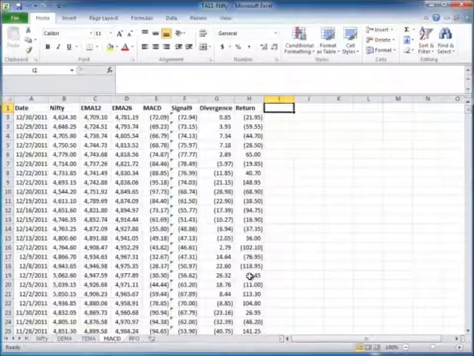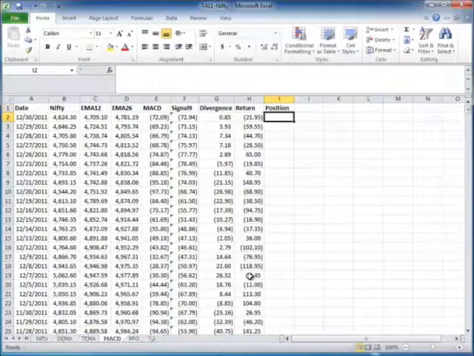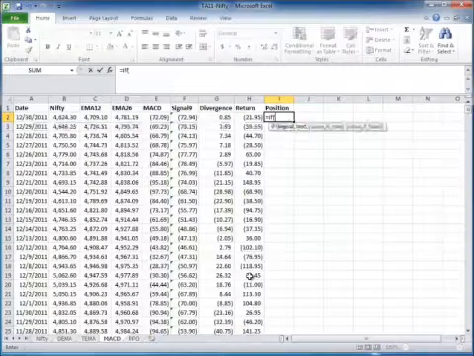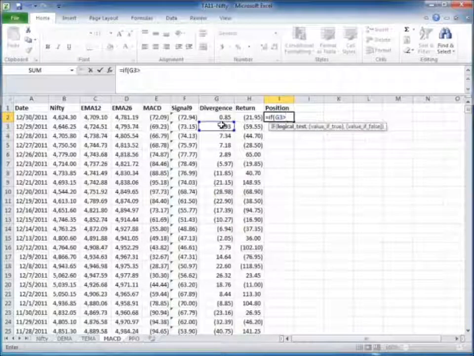And then we have the position. So this will be, do we take a long position or a short position? And what we're going to do is look at the divergence of the previous day to take that position. And remember, if the divergence is greater than 0, then we have a long position. If the divergence is less than 0, then we have a short position. So my position will look like this. If this divergence value is greater than 0, then give me long, which is 1.